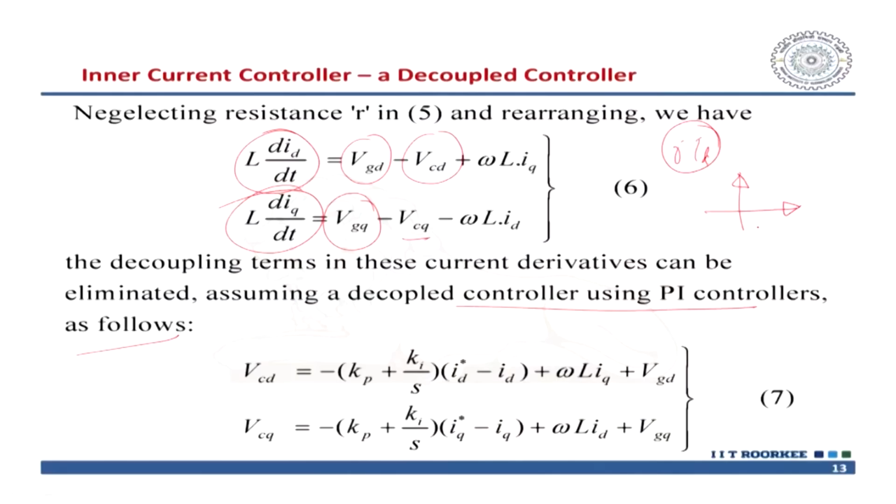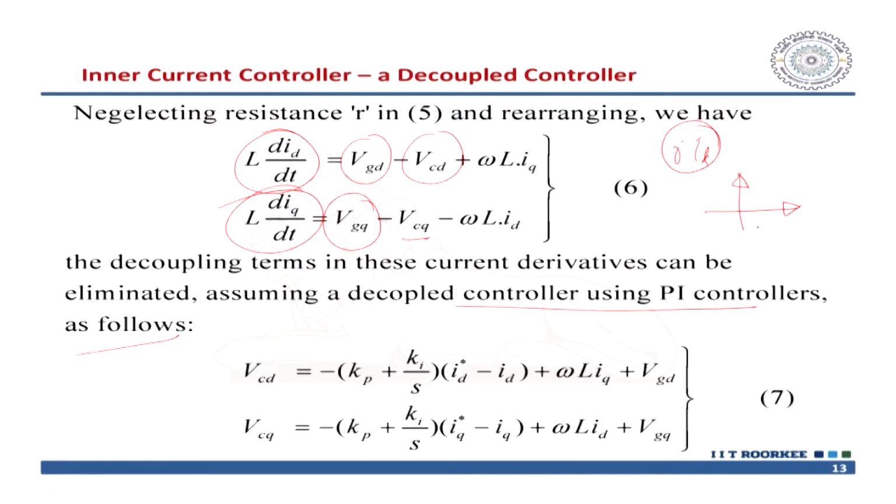The basic purpose of our DQ control is to operate, and it came from induction machine operation. Essentially, we can directly control the d axis component, which is generally the flux component, and the q axis component, and they will be independent of each other.